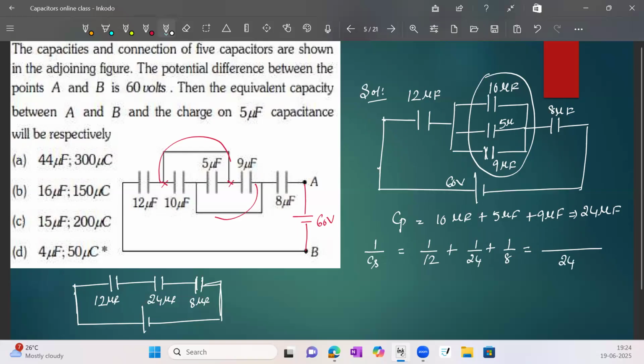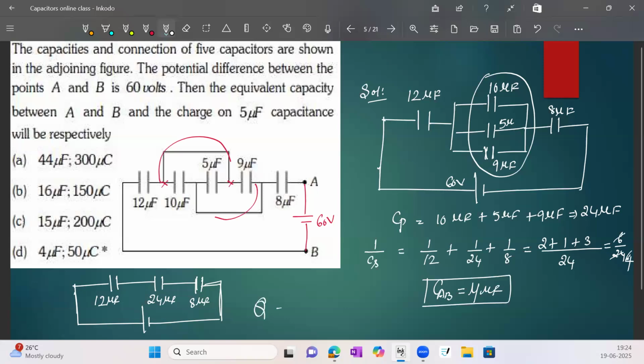So 12 twos are 24, 24 ones are 24, 8 threes are 24. So it becomes (2 plus 1 plus 3) = 6 by 24. So the equivalent capacitance between A and B equals 24 by 6, which is 4 microfarad.